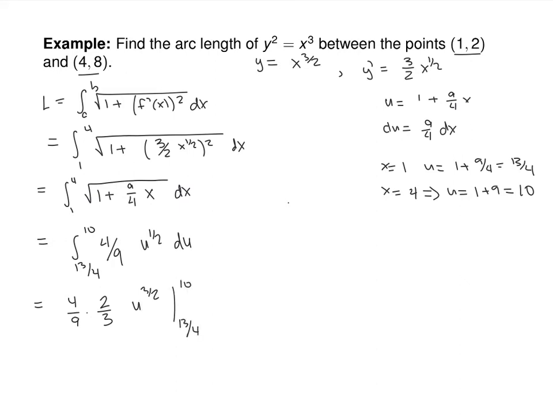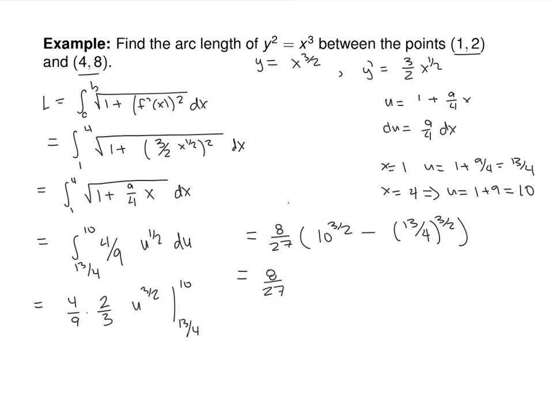I'm so sorry, but the numbers are not very nice. So that gives us 8/27 times 10 to the 3/2 minus 13/4 to the 3/2. And 10 to the 3/2, that's the same thing as 10 to the 2 over 2 times 10 to the 1/2, or 10 root 10.